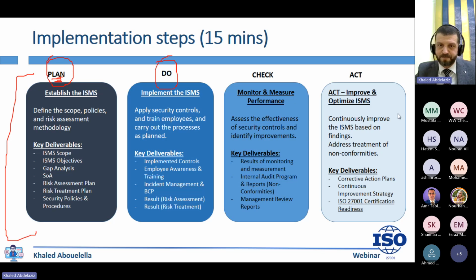Now this is the time to start implementing the controls. Which controls? The controls addressed in the statement of applicability. Whatever is applicable in the statement of applicability, you need to start to implement it.